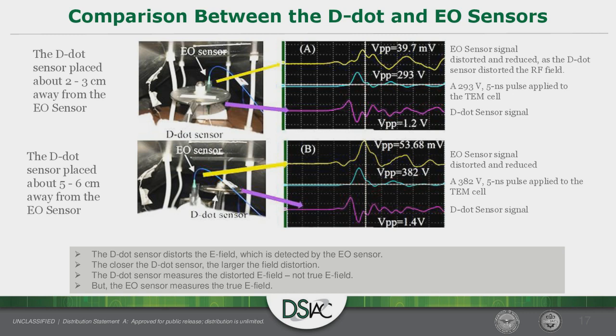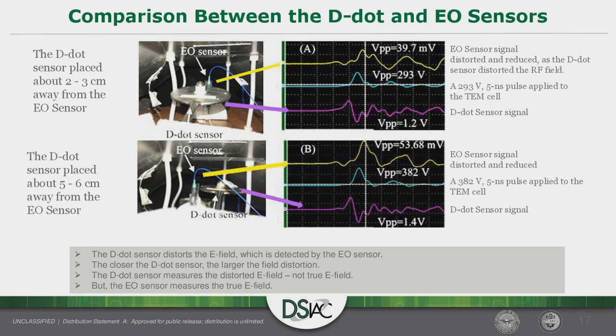But the EO sensor, in the previous slide, duplicates the field exactly, but not now. When the DDOT sensor is close by, the DDOT sensor distorts the field by itself. So the EO sensor measures this distorted field, distorted by DDOT.